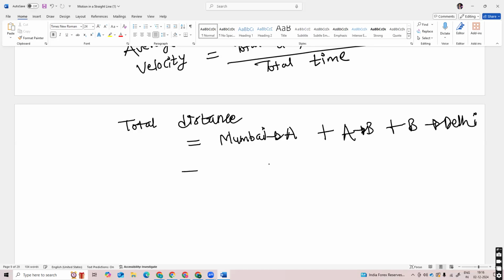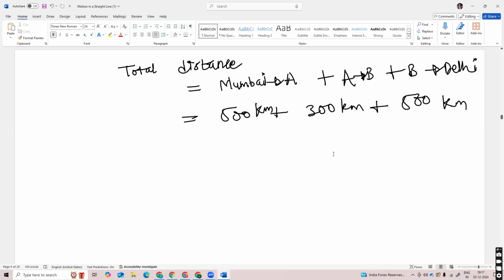So it is equal to 500 plus 300 plus 500, all in kilometers. You should always keep in mind the units when you are doing addition. So the total distance was 1300 kilometers.